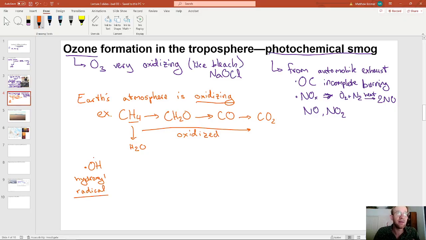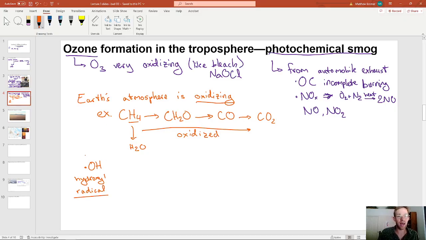Typically in the real world, atoms want to pair their electrons up for reasons related to quantum mechanics that we can't really get into. But basically, if things have an unpaired electron, they are very, very, very reactive, okay? So this hydroxyl radical naturally exists in the troposphere. We don't need to talk about its sources. It's basically loosely related to water vapor in the atmosphere is how it's formed.